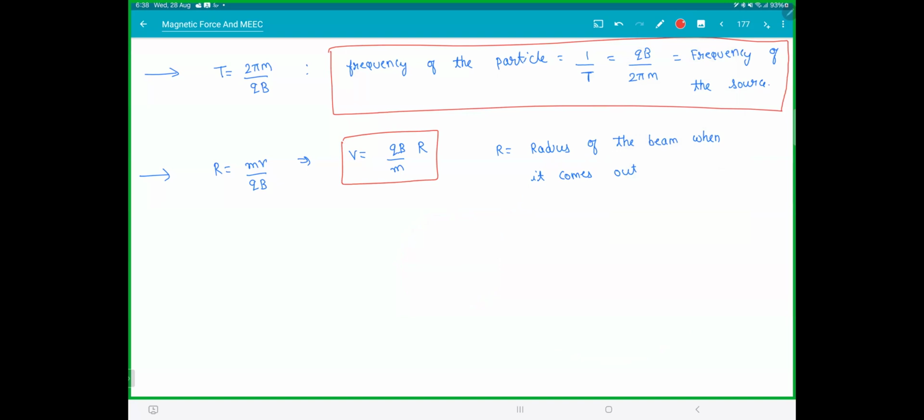Now in this, there are a few precautions also. Electrons cannot be accelerated effectively in a cyclotron. You can accelerate, but not effectively. This they asked once, I think in CET or somewhere. Which of the following particles cannot be accelerated in a cyclotron? Electrons.